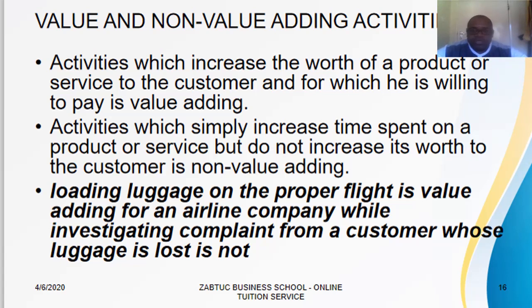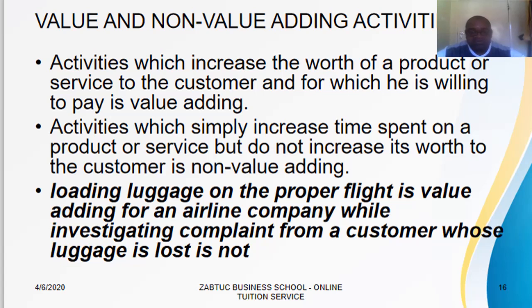So, when we are discussing ABM, one point that we emphasize is making a distinction between value and non-value adding activities, and basically eliminating non-value adding activities. So in this slide, we talk about value and non-value adding activities. So what are value adding activities?